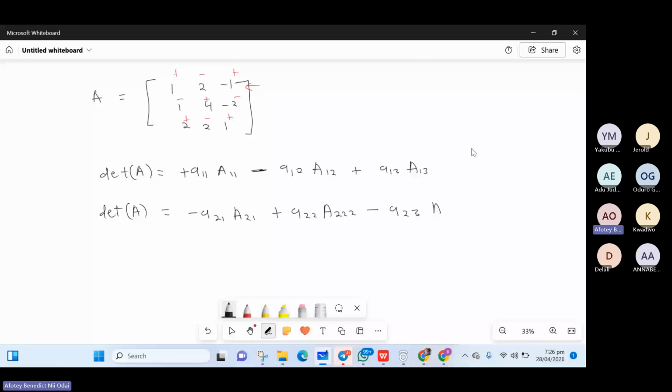When you do each of these, you get the same answer for all of them. These should give you the same answer, no matter the row you use to find the determinant. So again, let's use this example.